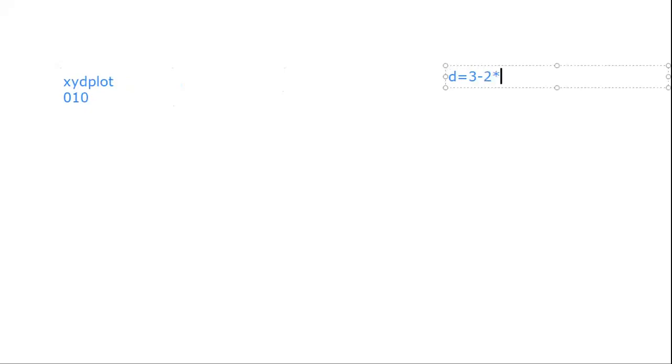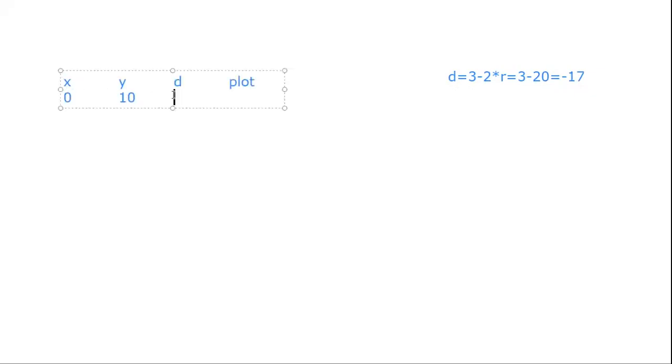This is the first decision parameter. r is 10 in our case, so it is 3 minus 2 into 10, that is 20, which equals minus 17. Yes, minus 17 is the first decision parameter. What about the plot value? (0, 10) is the plot value.